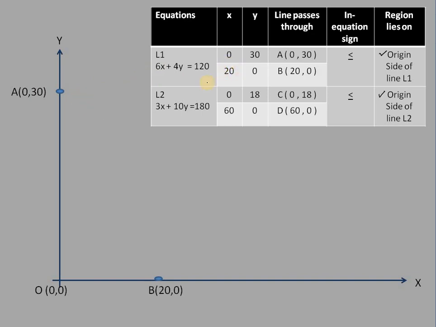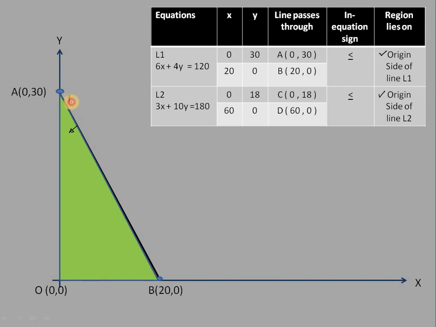If you plot 4 points, you will get confused about which is a point of line L1 or line L2. I have drawn only 2 points. Immediately I have drawn the line AB. And which is the feasible region? This side, the origin side, is the feasible region. Right? So this becomes the feasible region of L1.